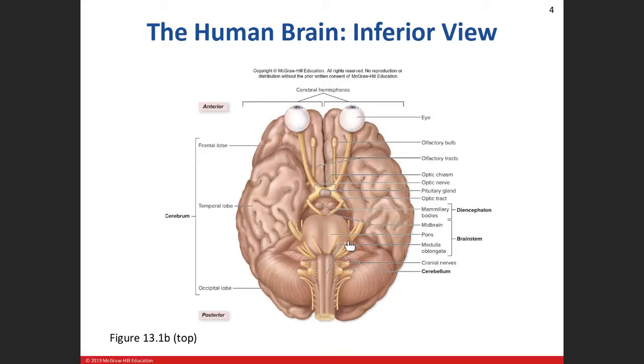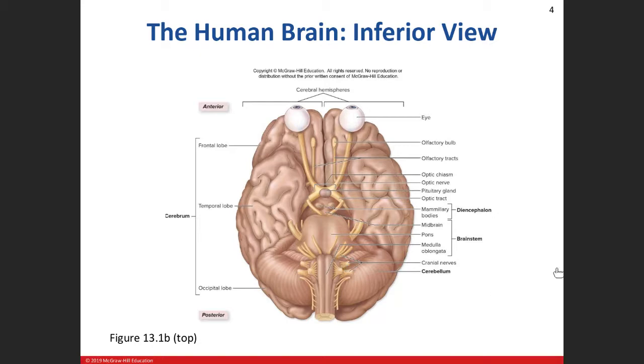When we talk about the structural components, trust me, I'm not going to make it any more complicated than this: if a nerve is coming off the brain, we call it a cranial nerve. If the nerve is coming off the spinal cord, we call it a spinal nerve. So all of these nerves you're seeing here are cranial nerves. If they're a motor nerve, they're considered to be lower motor neurons. We'll get into all the different types.